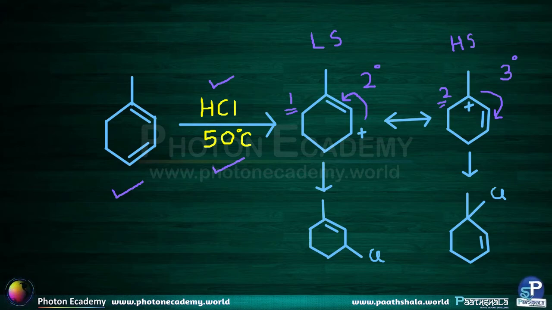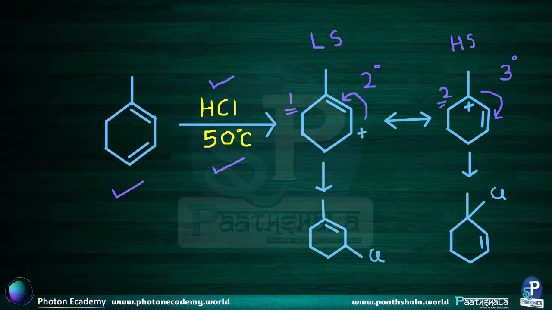Now this is a Markovnikov addition, and at a higher temperature I will obtain the TCP, the thermodynamically controlled product, and at a lower reaction temperature I will obtain a KCP, which is the kinetically controlled product.